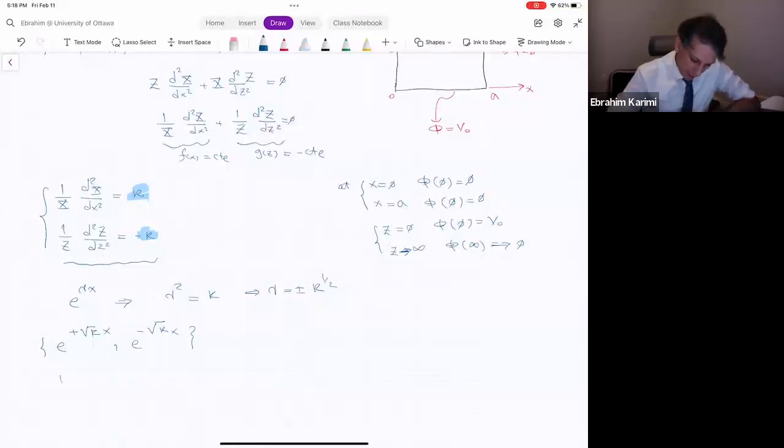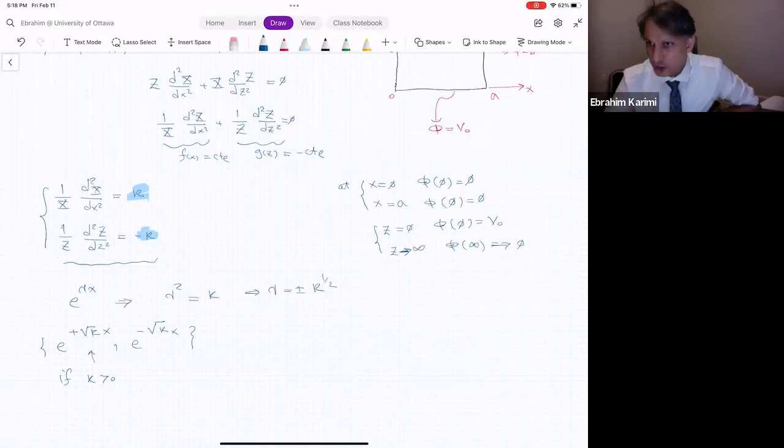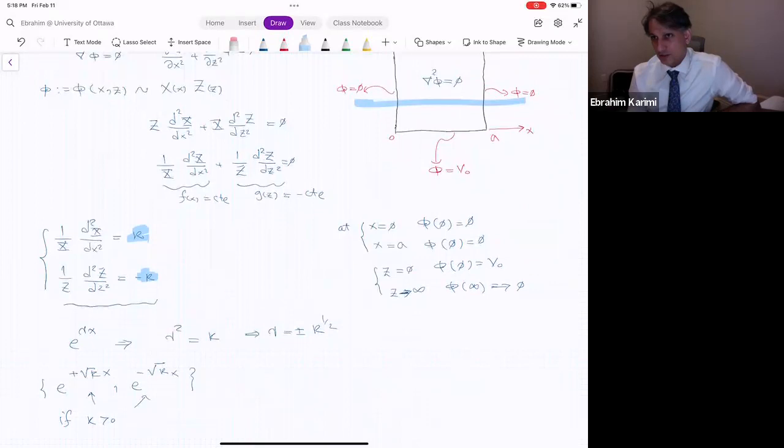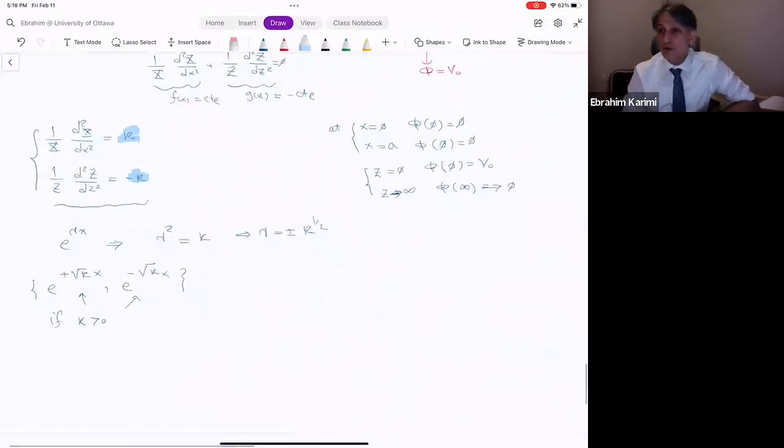If kappa is positive, then the first one will be increasing with x, and the second one will be an exponentially decreasing function. But we know that along the x direction the potential is not changing. Okay? Then kappa cannot be positive.